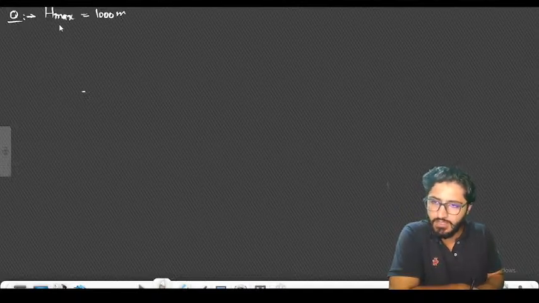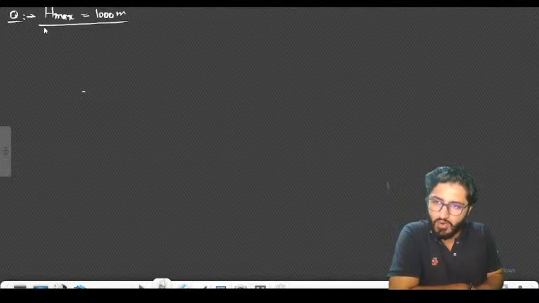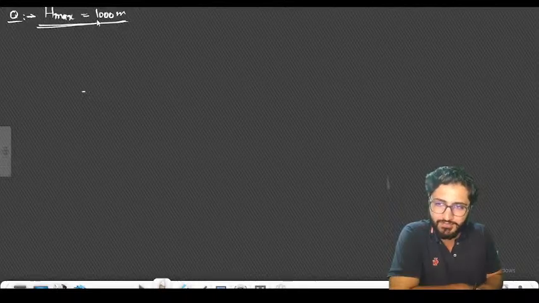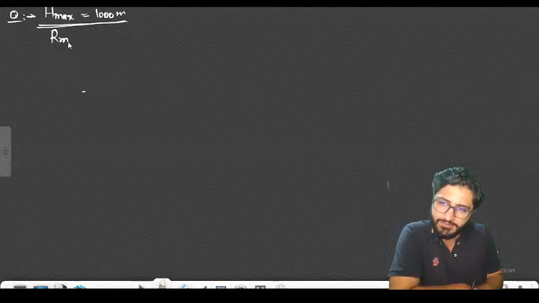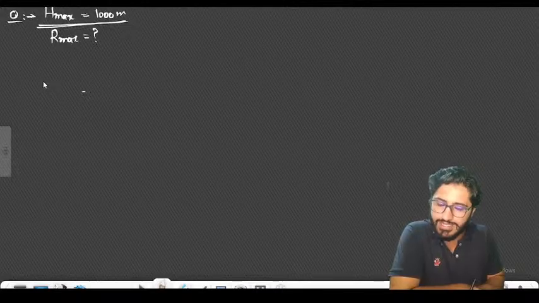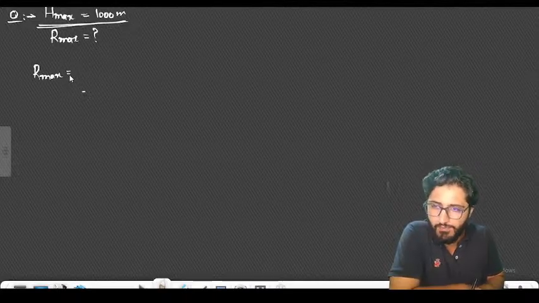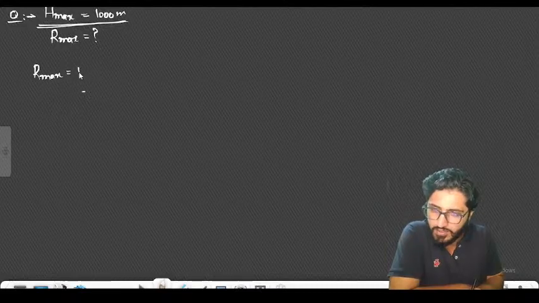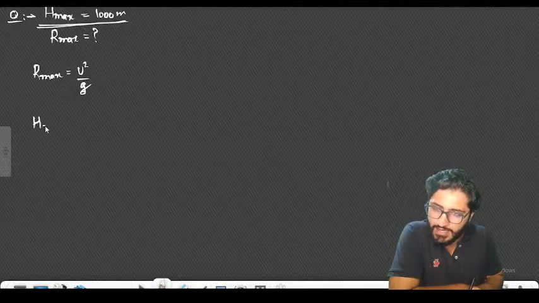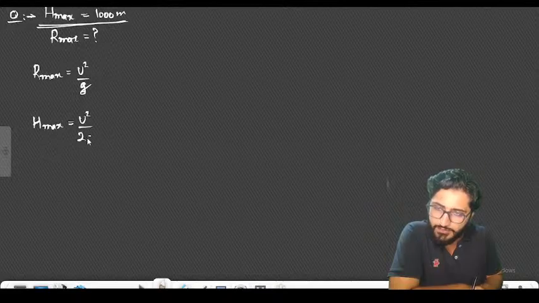If a person throws a ball and its maximum height is this much, how do we find R max? From yesterday's class, what was the value of R max? R max was U square by G. And what was H max? H max was U square by 2G.